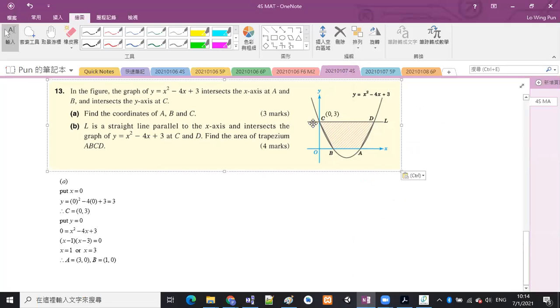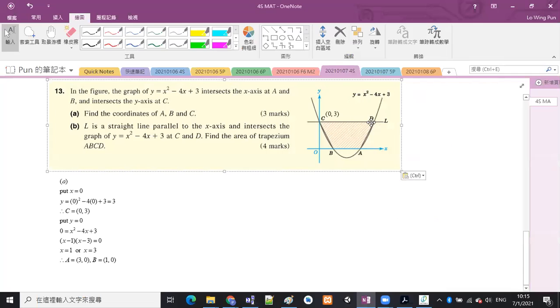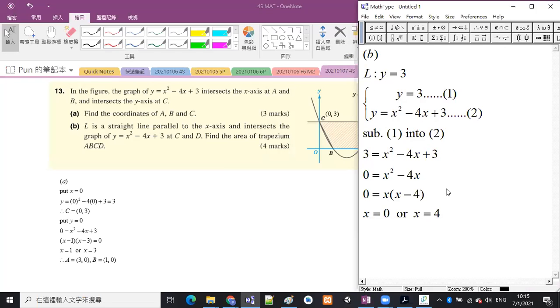The first intersection point is point C, and the second intersection point is point D. The x coordinate of the first intersection point is 0. That is already marked on the diagram. But the 4 is the one on the right. That is the one we want now. Okay, so point D should have the coordinates of (4, 3).